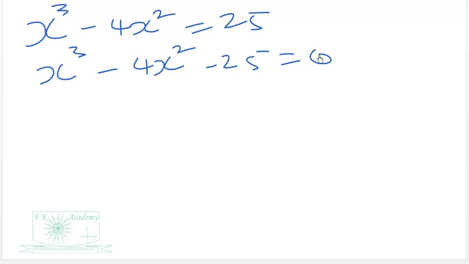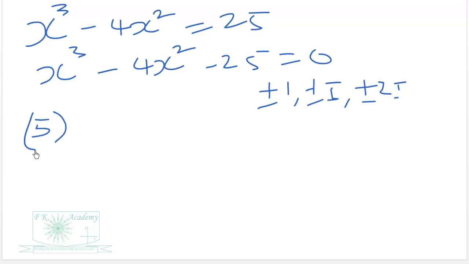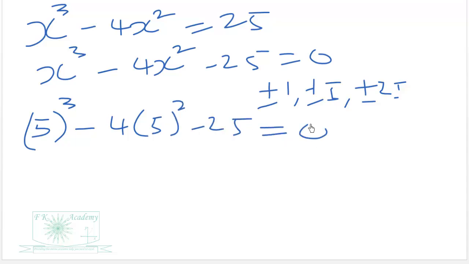So we can test the possible rational roots using the factors of 25, which are plus or minus 1, plus or minus 5. So we realize that when we plug in 5, we get 5 cubed minus 4 times 5 squared minus 25 is equal to 0.